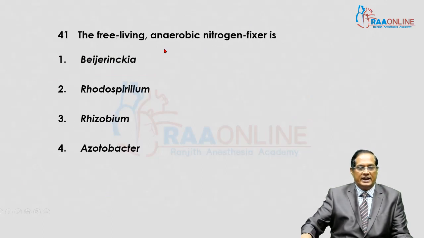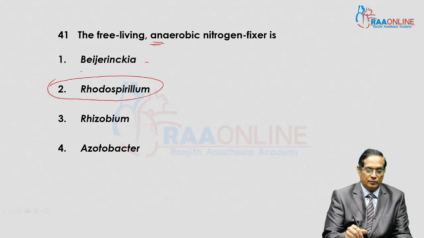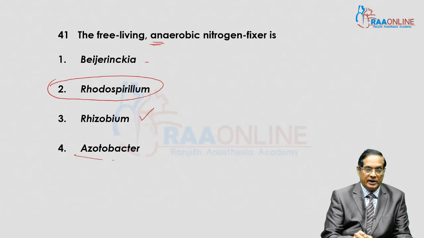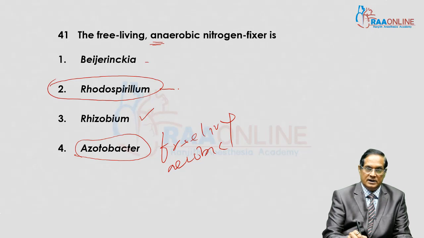41. Free living anaerobic. Look here at the word anaerobic. Beijerinckia is aerobic, Rhodospirillum is anaerobic, Rhizobium is symbiotic. This is free living aerobic. Whereas the first one is anaerobic.